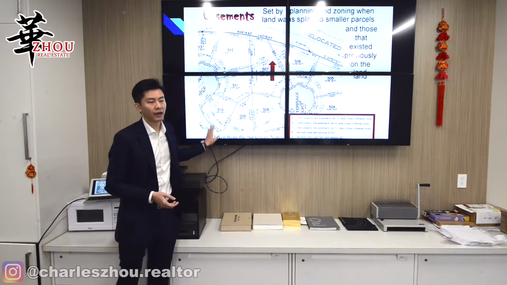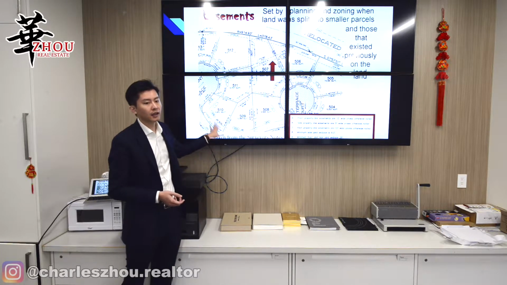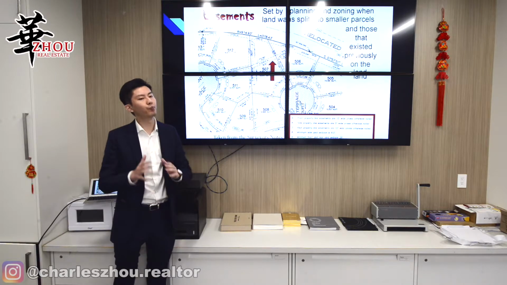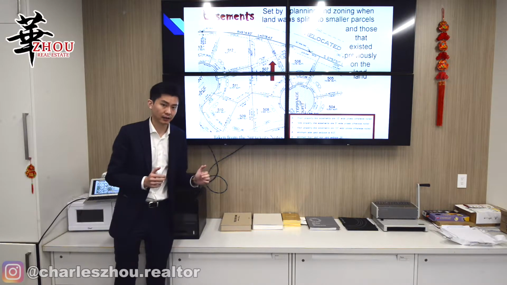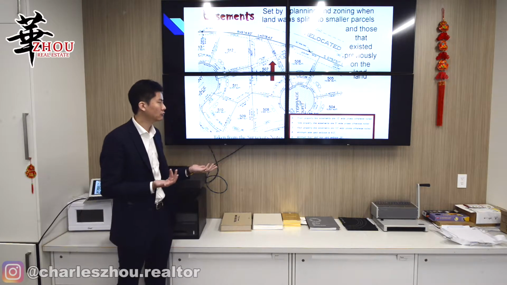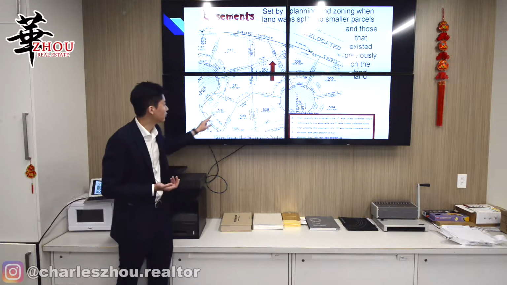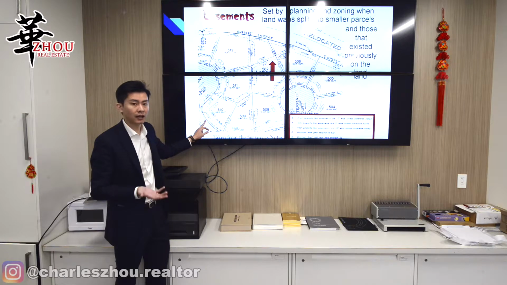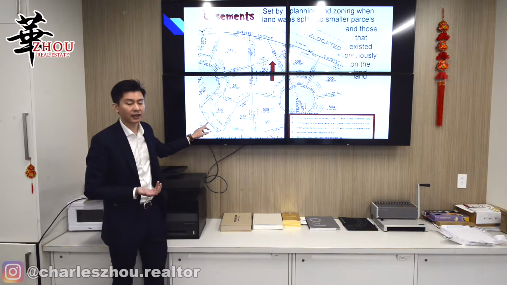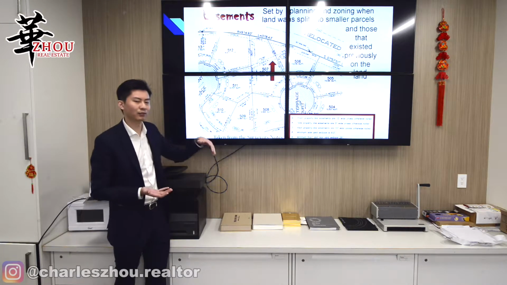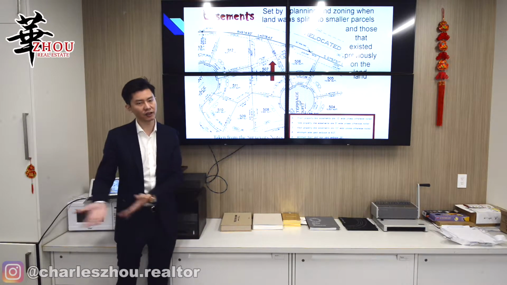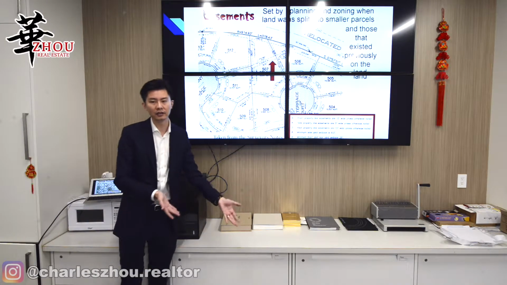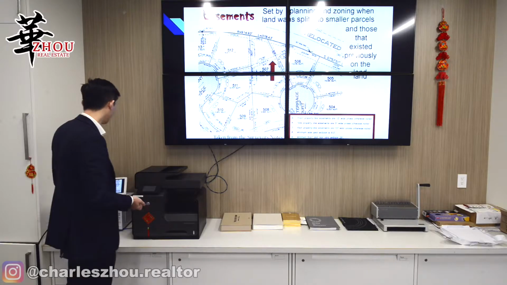So find out and tell your client, here's your easement. You cannot build anything on top of it, okay? Sometimes, when there's a pipeline, it could run through the backyard. So if you have that case, your client has to know about it and they cannot dig, right? If they want to put a swimming pool there, you better choose a different land because on this land they cannot do it. There's a pipeline underground.